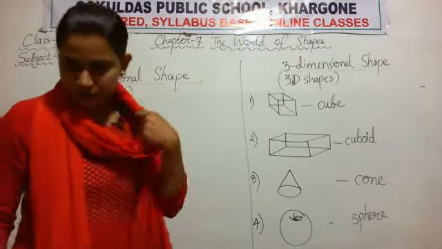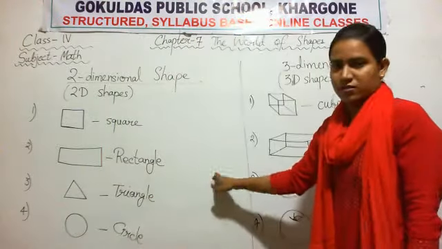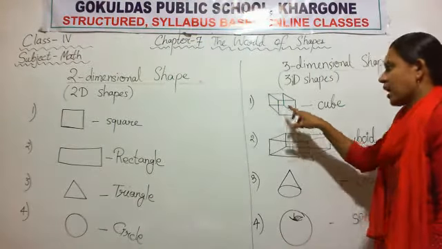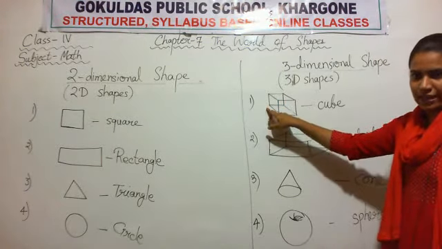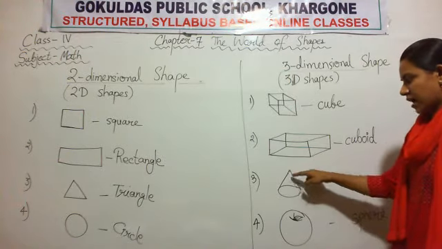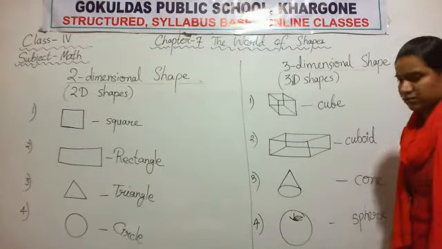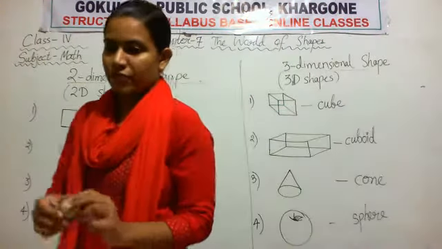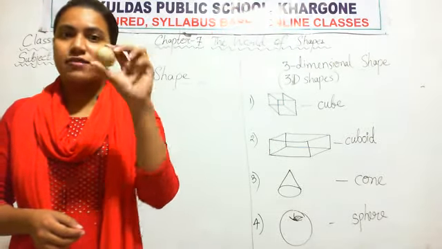Okay, so 2D shapes are flat in shape, but 3D shapes are having height, width and thickness. So it is an example of sphere. It is a solid shape.